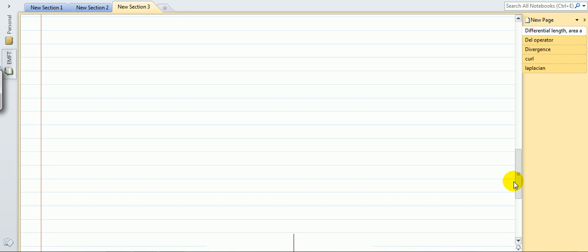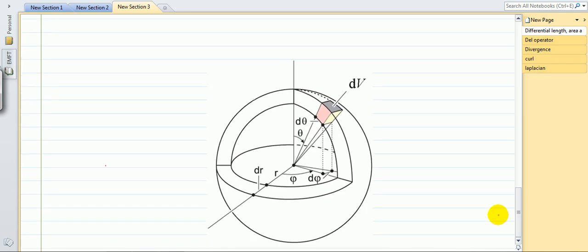Now if I consider the spherical system, this is d theta, and this is dr, and this is r sine theta d phi.